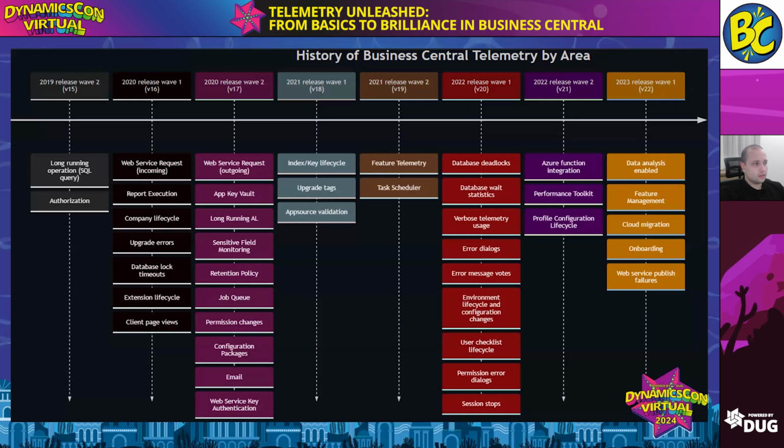This illustration offers valuable insights into where Microsoft's focus and resources have been directed over time. In the beginning of 2019, we had just two signals, from long-running operations and authorization signals. And then with each version of Business Central, those signals expanded.